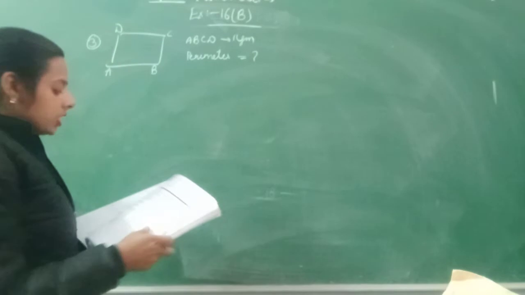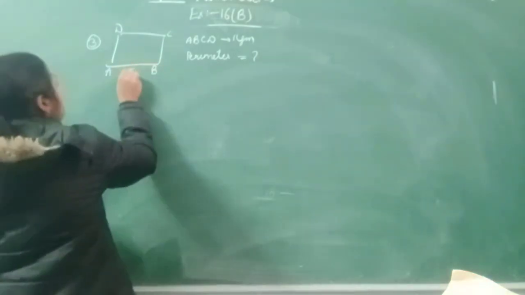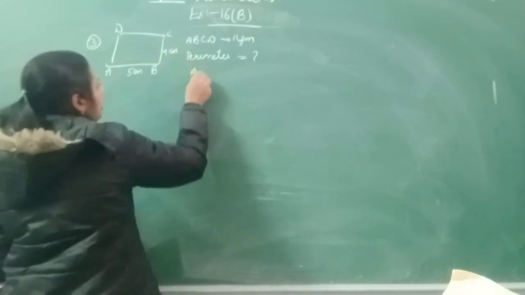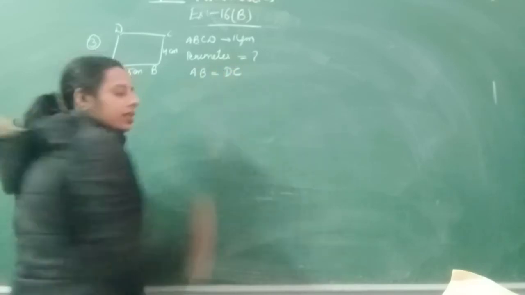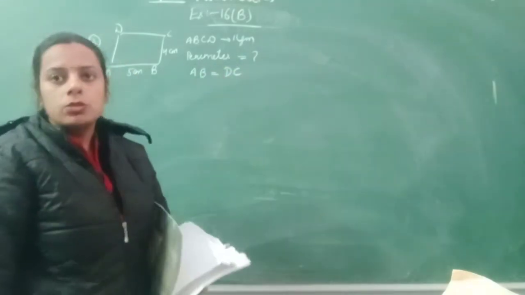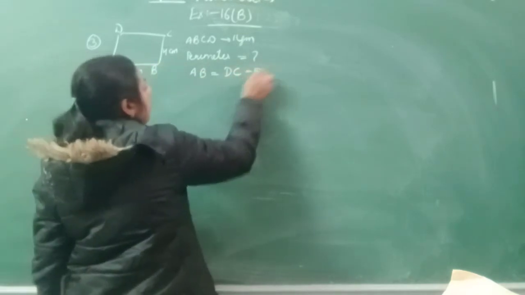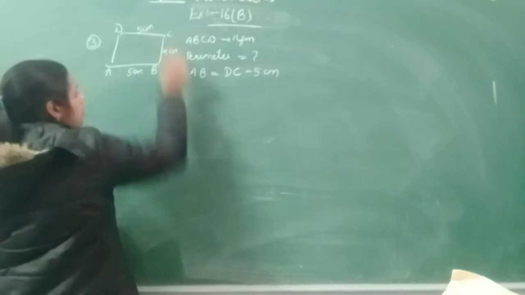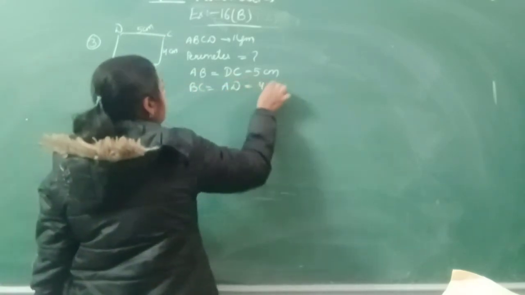If the adjacent sides are 5 cm and 4 cm, if AB is 5 cm and BC is 4 cm, as you know AB is equal to DC by the property of a parallelogram that the opposite pair are equal and parallel. So if this is 5 cm, that is also 5 cm. And in the same way BC is equal to AD, that is equal to 4 cm.